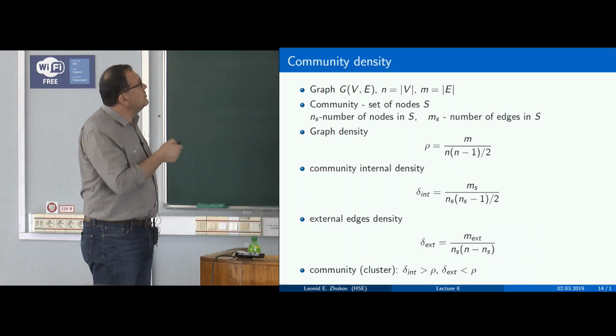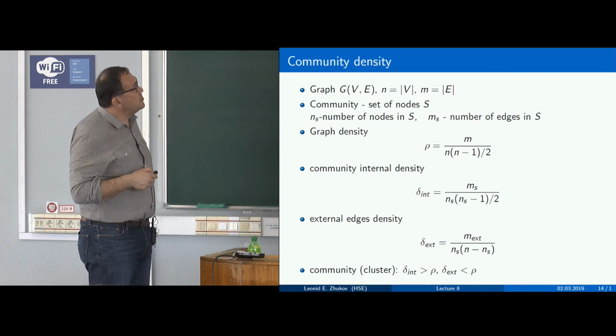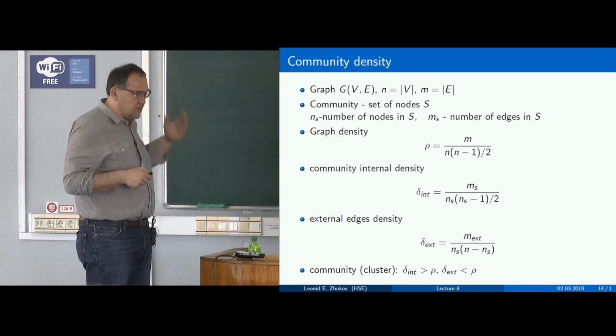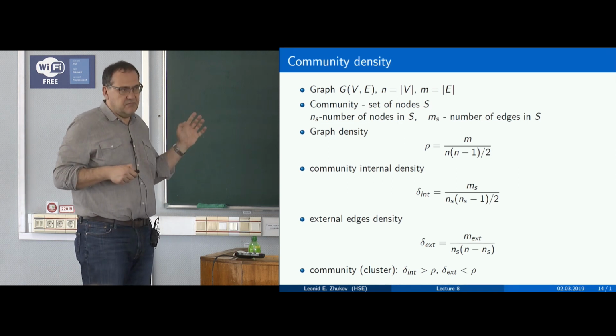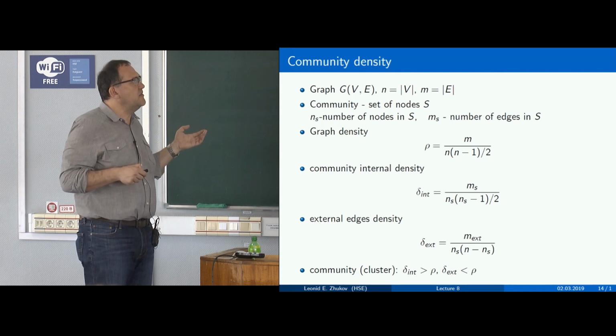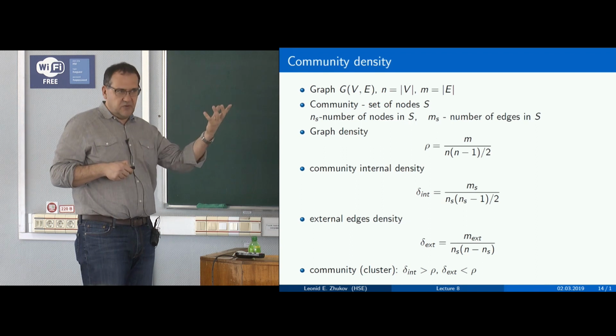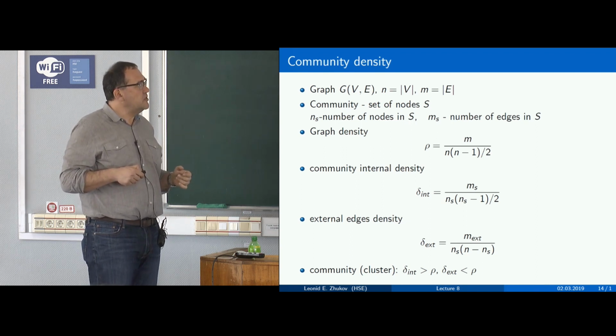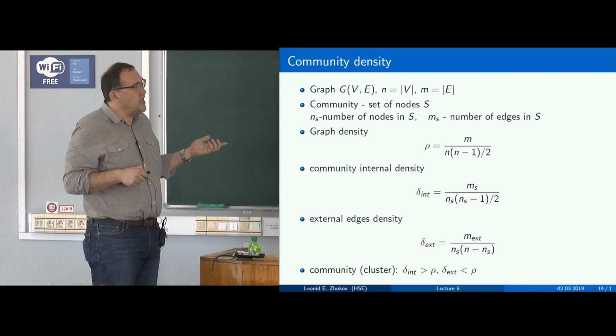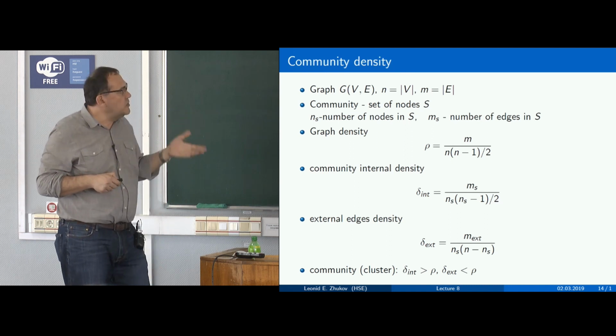There are some things that we can do. One is we look at the community and literally calculate density. Take the group of nodes and calculate the density. The density is computed as the number of edges divided by the maximum possible number of edges within that group of nodes, right? So for a clique, what would the density be? 1, right? And so the higher the density, the better your community.